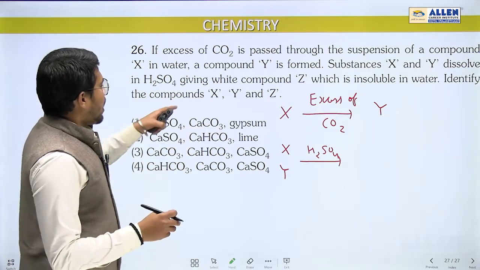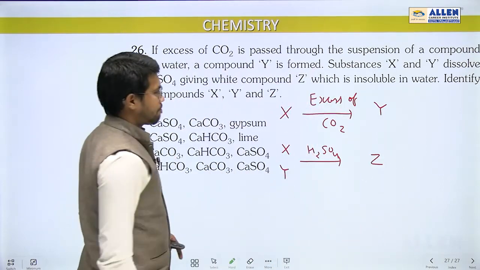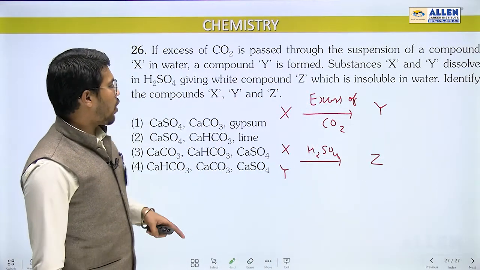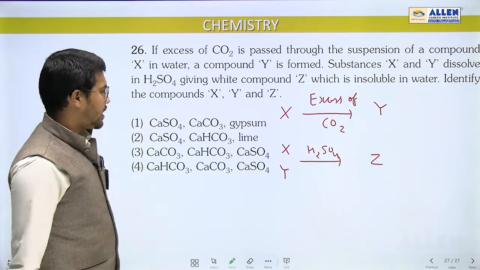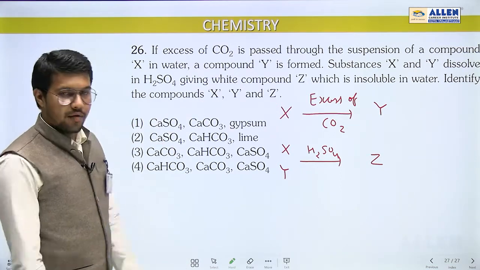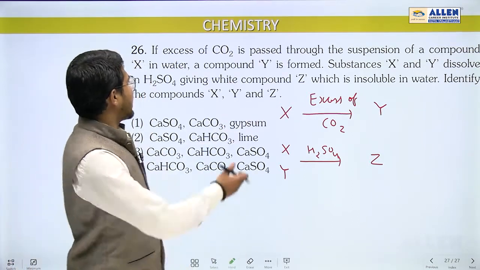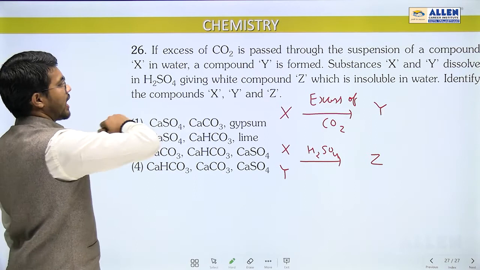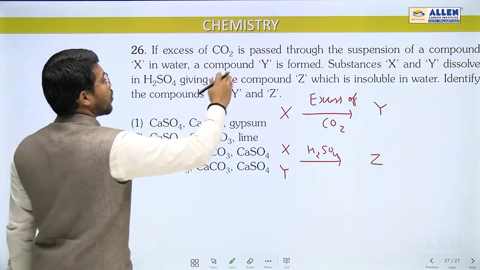That compound is Z, which is insoluble in water. Identify the compounds X, Y and Z. The question already says that excess of CO2 is passed through the suspension of compound X in water, and a compound Y is formed.